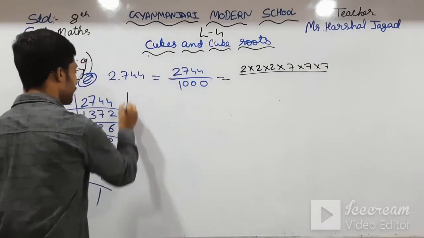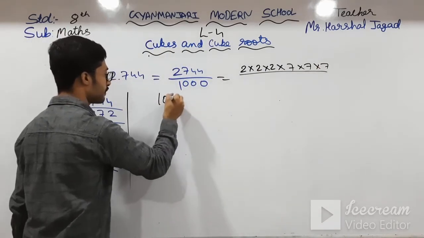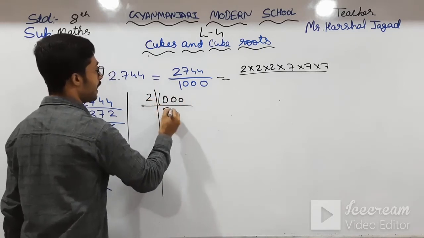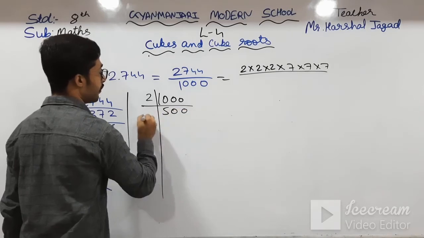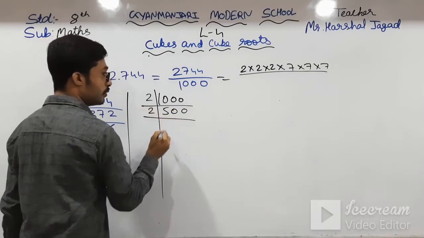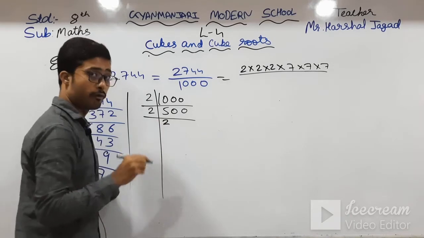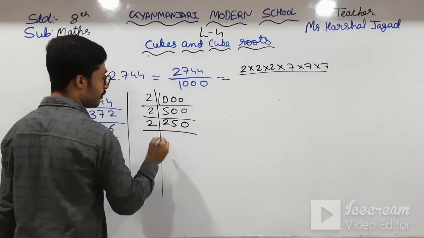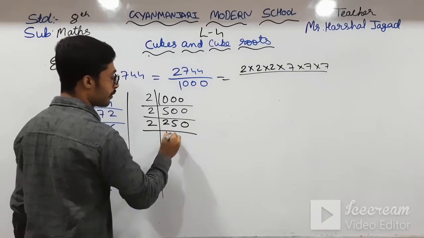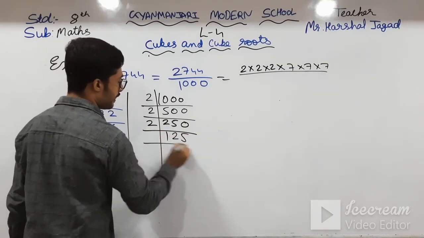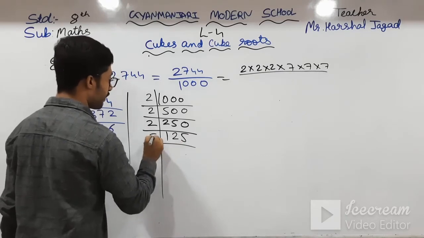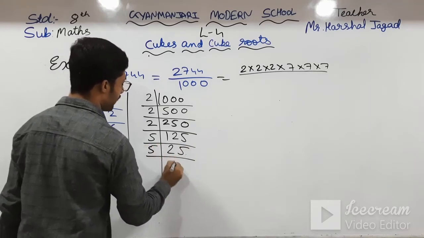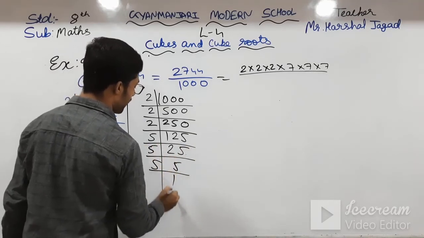Now we will take the factors of 1000. What will be? 2 5s are 10, 0 0. 2 2s are 4, 2 5s are 10. Again with 2, 2 1s are 2, 2 2s are 4, 2 5s are 10. Now with 5, 5 2s are 10, 5 5s are 25, 5 5s are 25, 5 1s are 5.